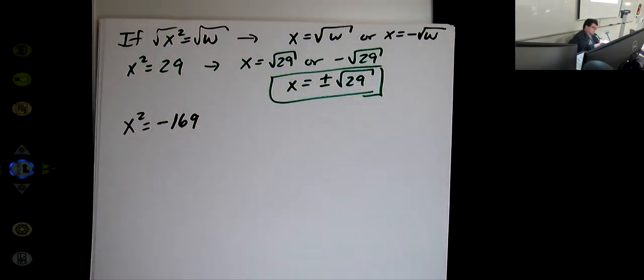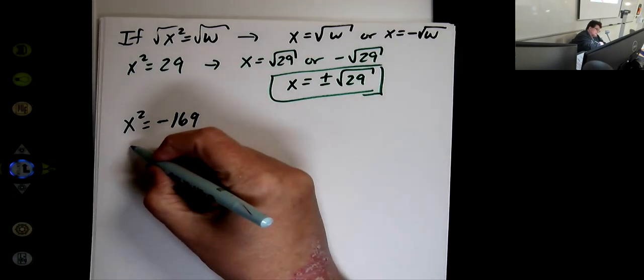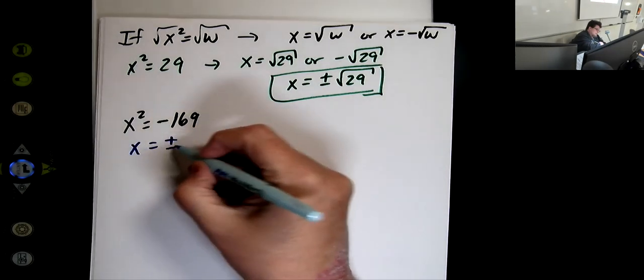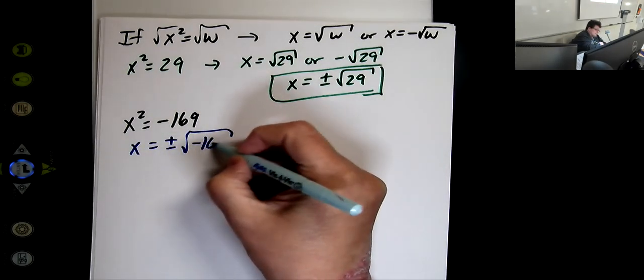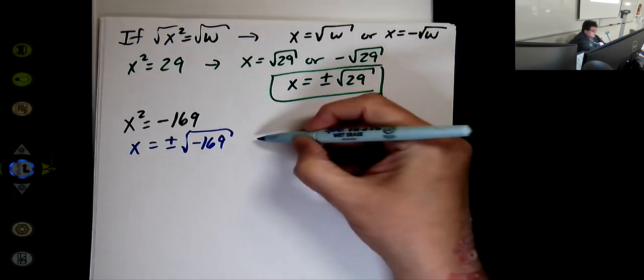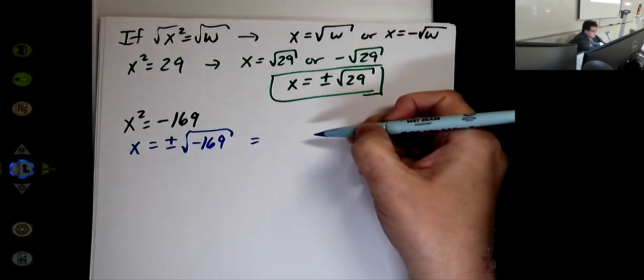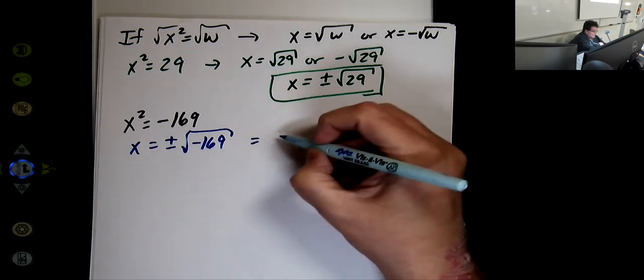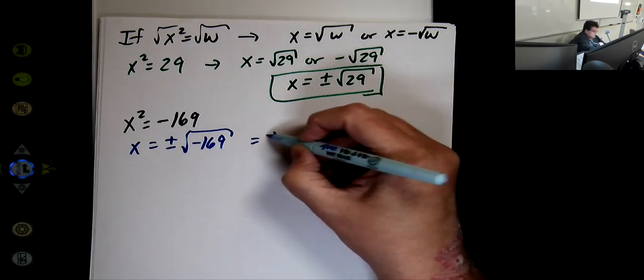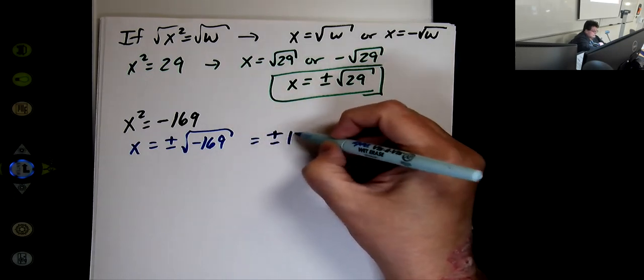I've got x equals plus or minus the square root of -169. The square root of 169 is 13, and the negative part makes it i. Plus or minus 13i.